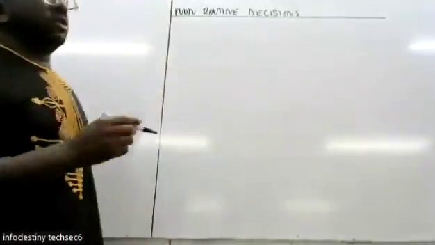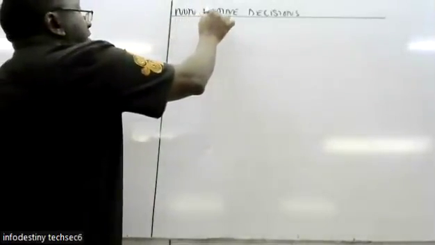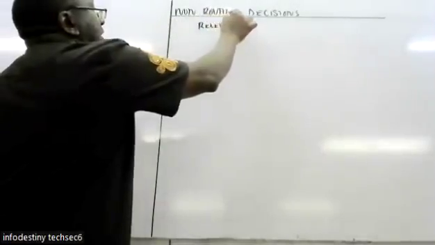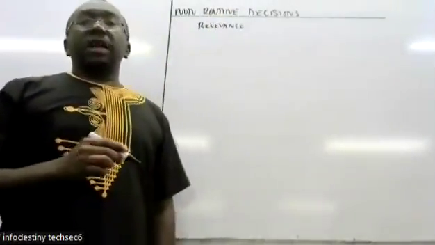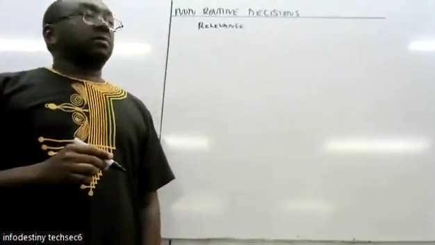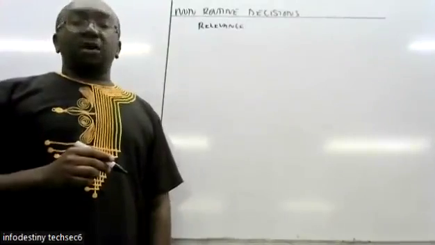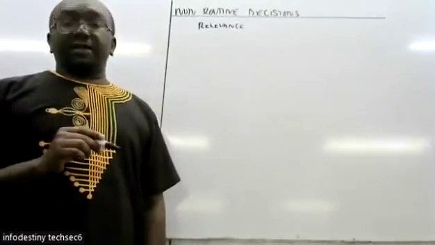When you are making decisions, there is something we call the concept of relevance. Now, relevance is the ability to influence a decision or the ability to be influenced by a decision. In this case, we have costs which are relevant and we have costs which are irrelevant.